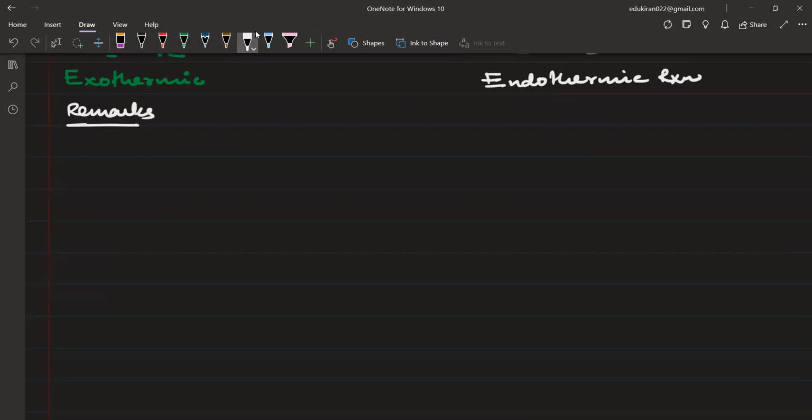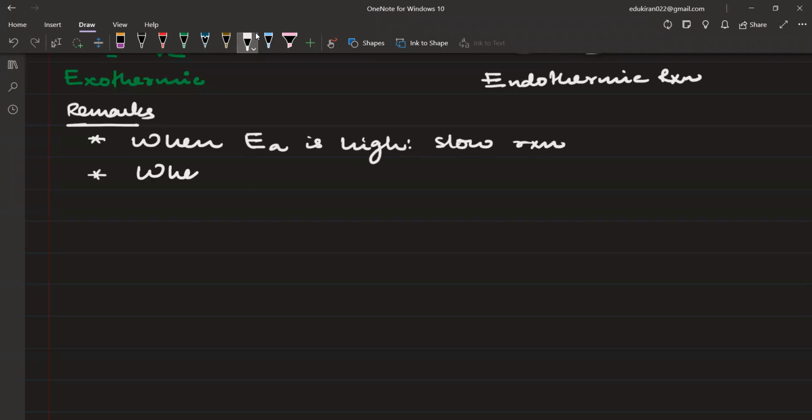First point: when activation energy is high, that will give you a slow reaction. When activation energy is low, the reaction will be fast. Next point.